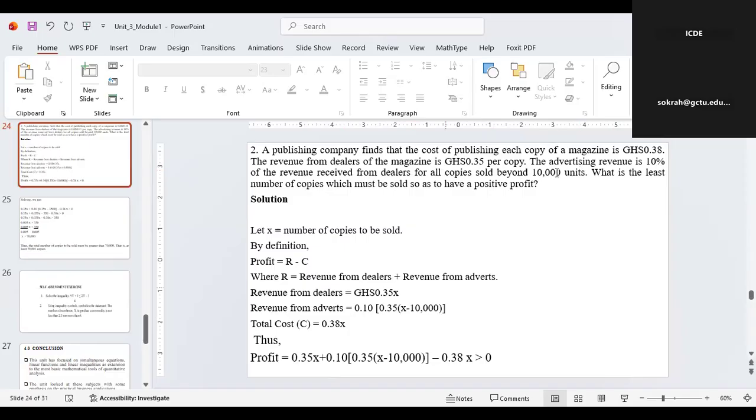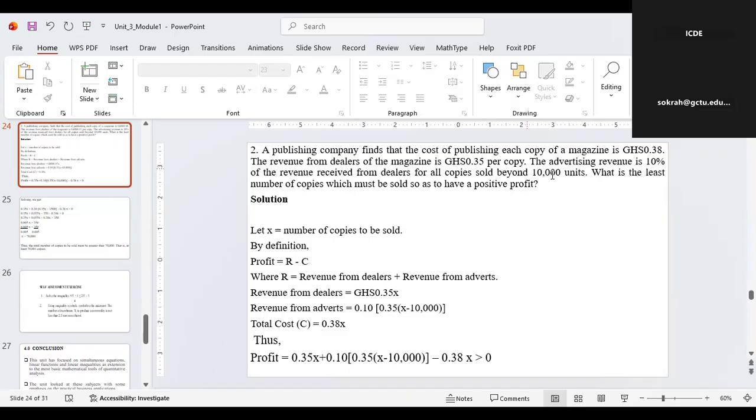Because if you sell exactly 10,000, there is not going to be that 10% calculated on your revenue. But if you sold beyond 10,000, assuming you sold 20,000, then we have to subtract the minimum 10,000 from the 20,000. So the 10% will be calculated on what is left and added to your revenue for you. So that is what you must understand there.